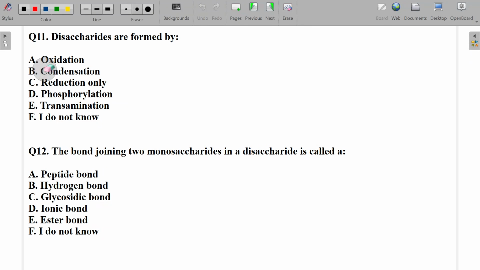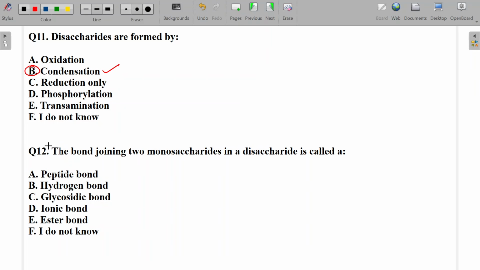Condensation. Yes, it is condensation or dehydration or the removal of water. Okay, so that is the removal of water, condensation.